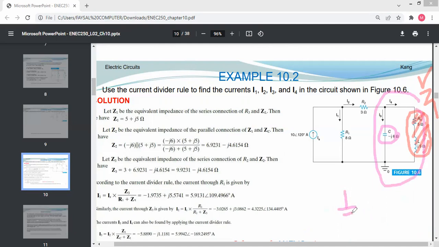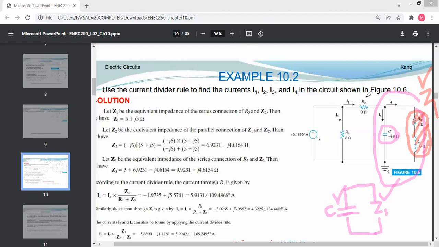This is my capacitor C, and here is the impedance value Z1. This is parallel to this one, so I am taking the whole system as Z2.